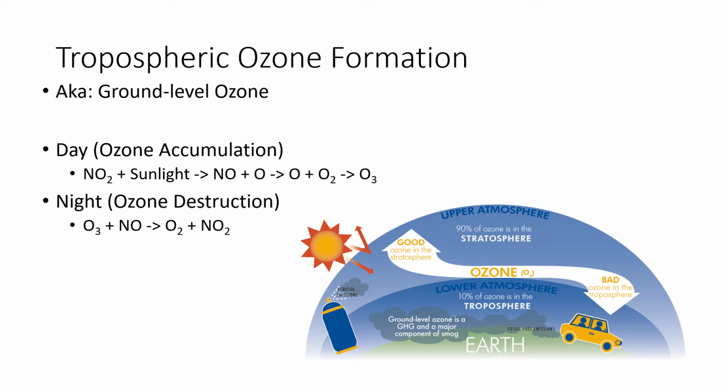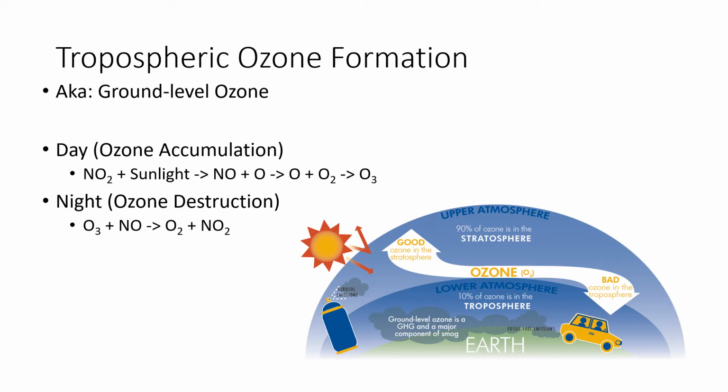In order to really understand photochemical smog, it's really important that we go over the natural formation of tropospheric ozone in the atmosphere. During the day, there is nitrogen dioxide in the atmosphere, just naturally, even if there were no cars.